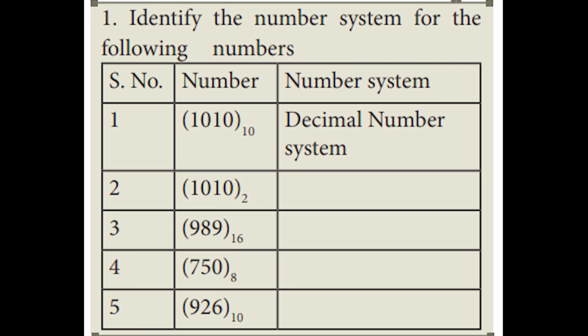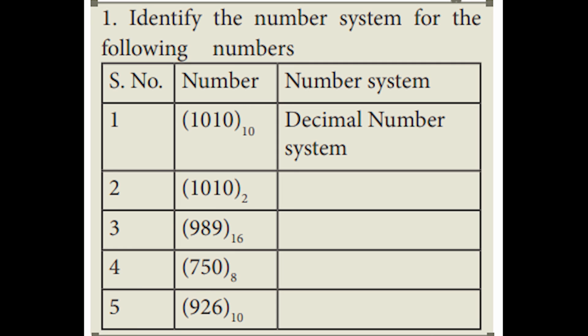Here we saw how to convert octal, hexadecimal and binary numbers to decimal numbers, right? So here they have given: identify the number system for the following numbers. They have given a binary number, a decimal number, an octal number also.